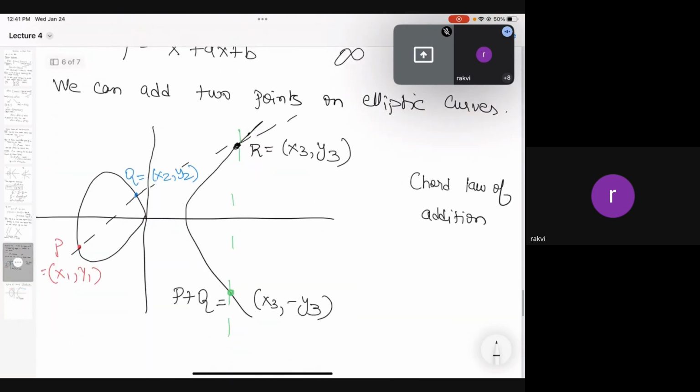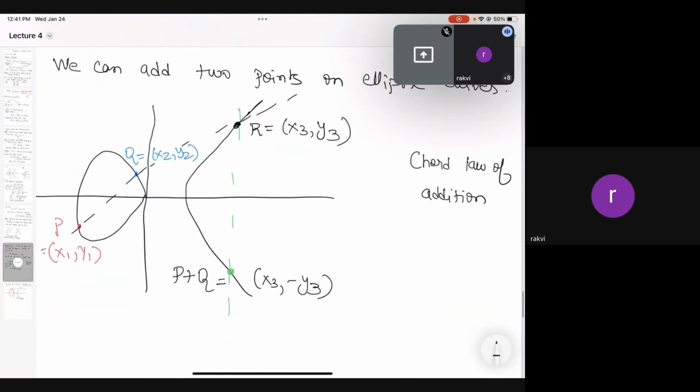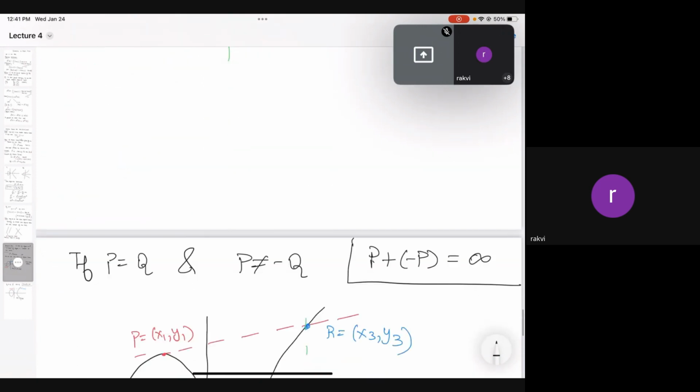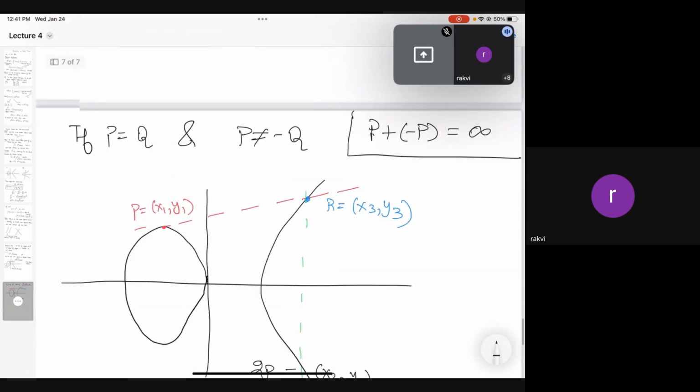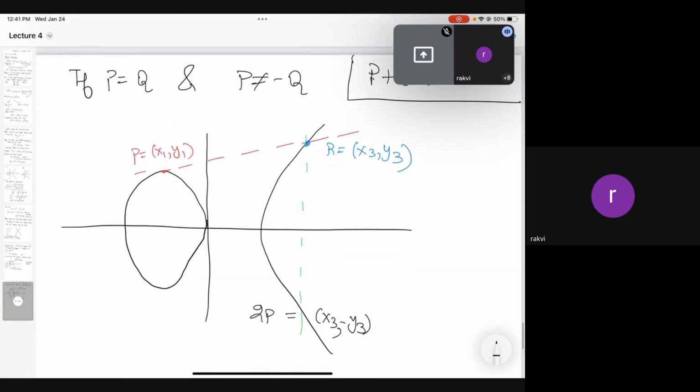But why take the reflection across the x-axis? That's a very good question. It's a very natural question. See, the thing is, if we don't take the reflection, we can't think of these points as a group.